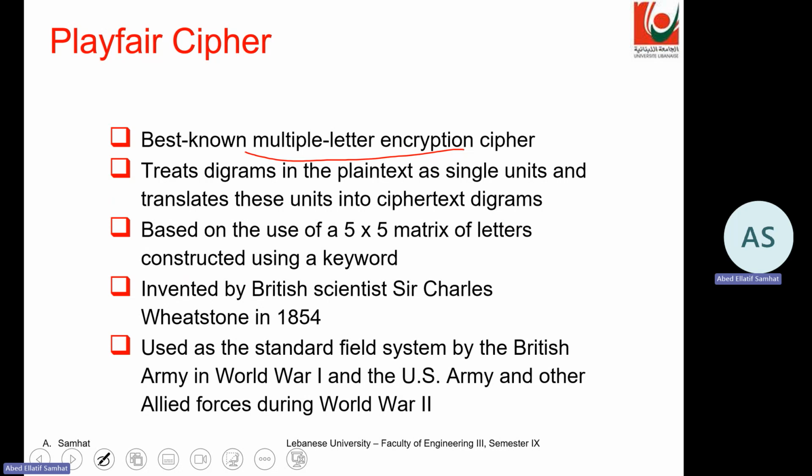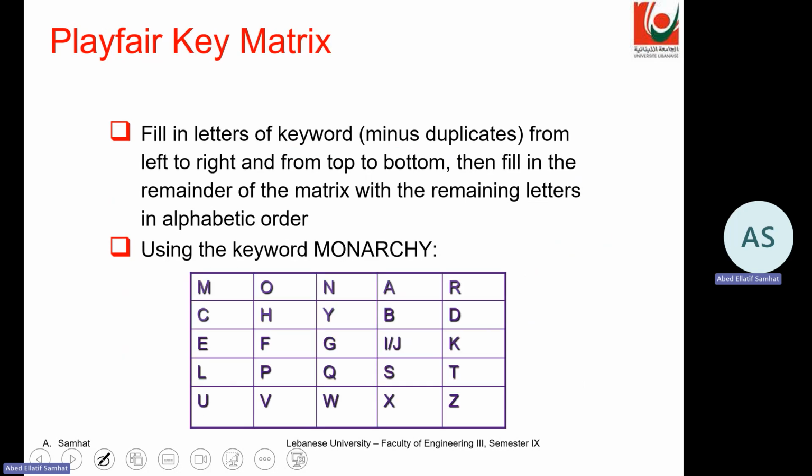And here we try to avoid this kind of attack. So we treat the digram. In a Playfair cipher, we are using two letters, okay? And this is based on the use of a 5 times 5 matrix of letters, and this is the secret key. It's an old algorithm, and it was used in the First World War and also in the Second World War. Let's see together how it works.